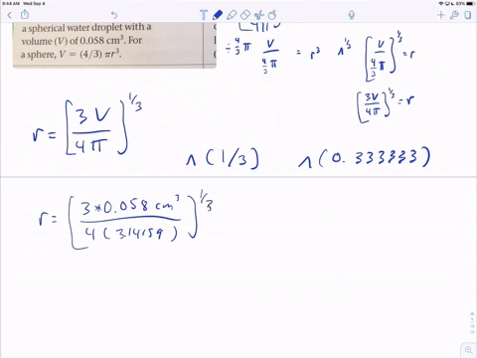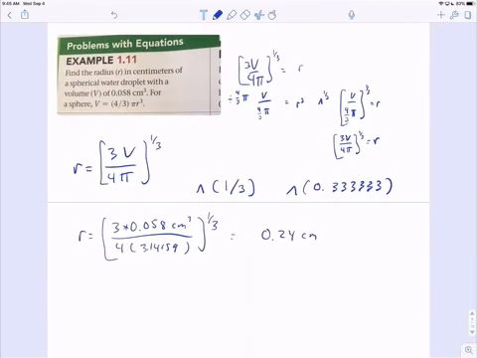Raise that to the 1/3 power, and then you get, to 2 sig figs, 0.24 centimeters. And with the units, centimeters cubed, the cube root of a cube is the base unit.